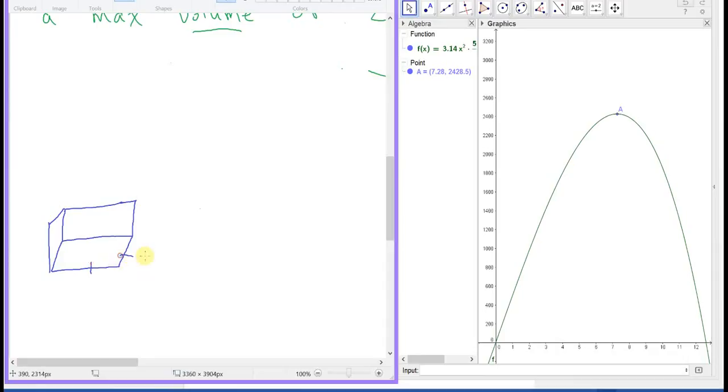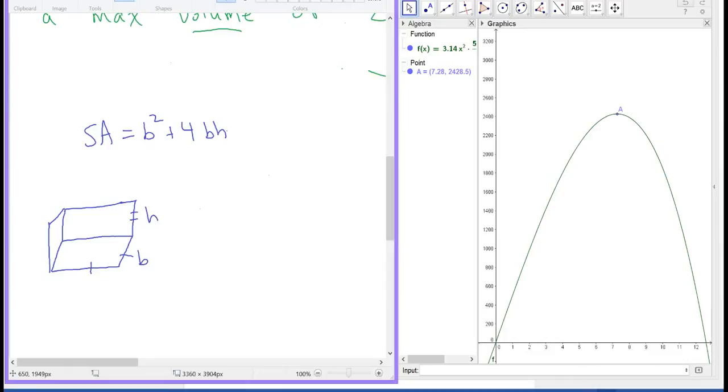So the bottom here is the base B, and up here is the height H. So the surface area is the bottom part and the top part, which are base squared, and all the sides, there are 4 sides, that would be H times B, or B times H.